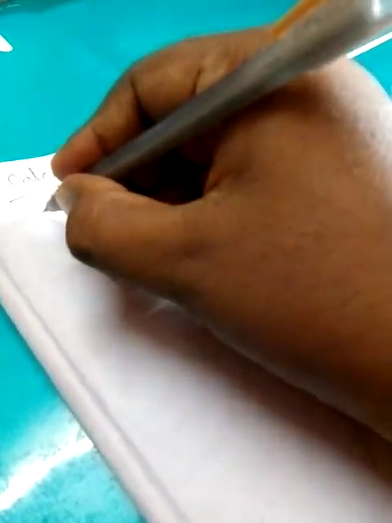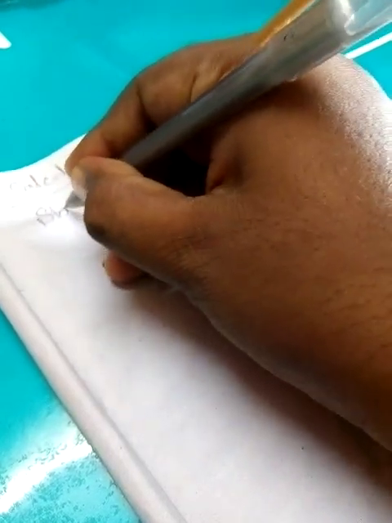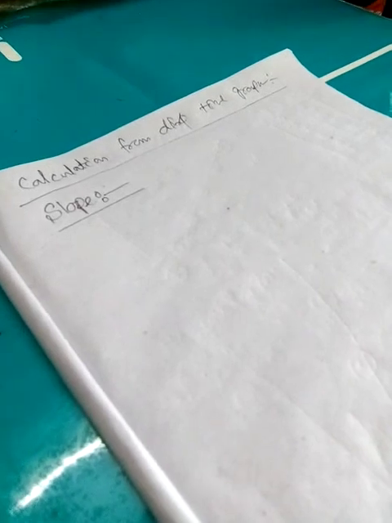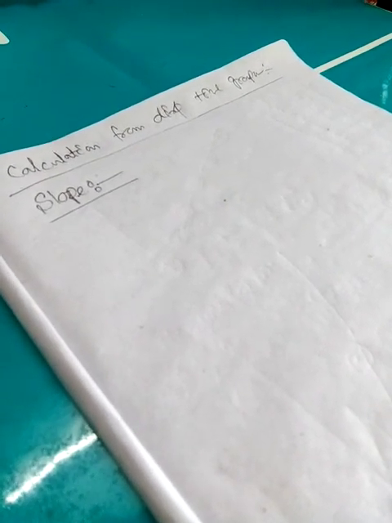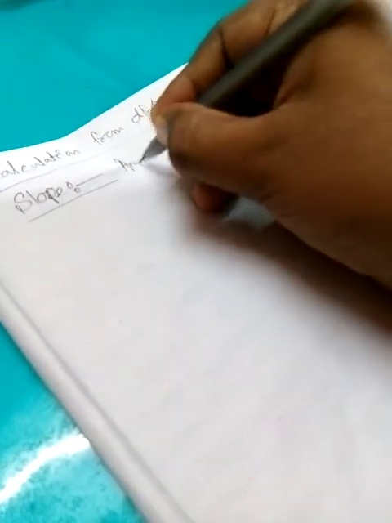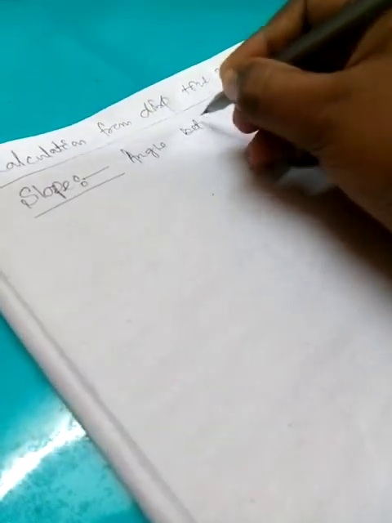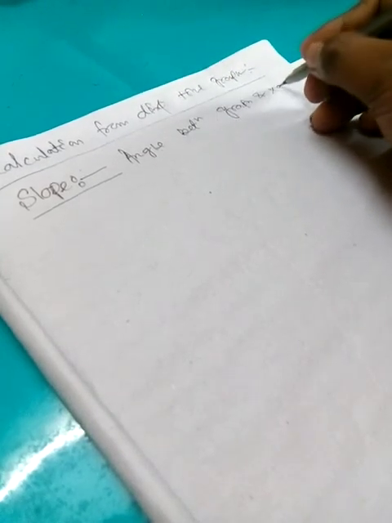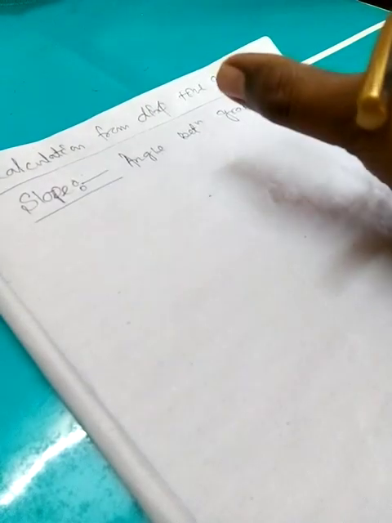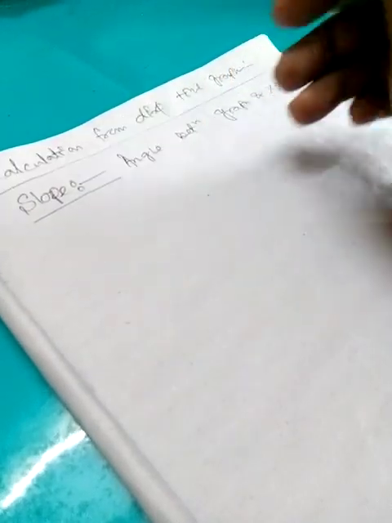The first one we can calculate is the slope. Okay. What is slope? You have to learn it first. So slope is the angle between the graph and the x-axis.